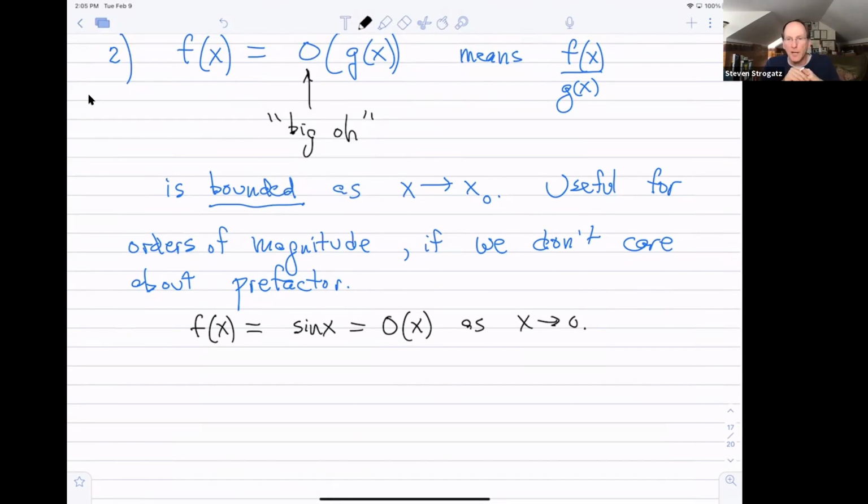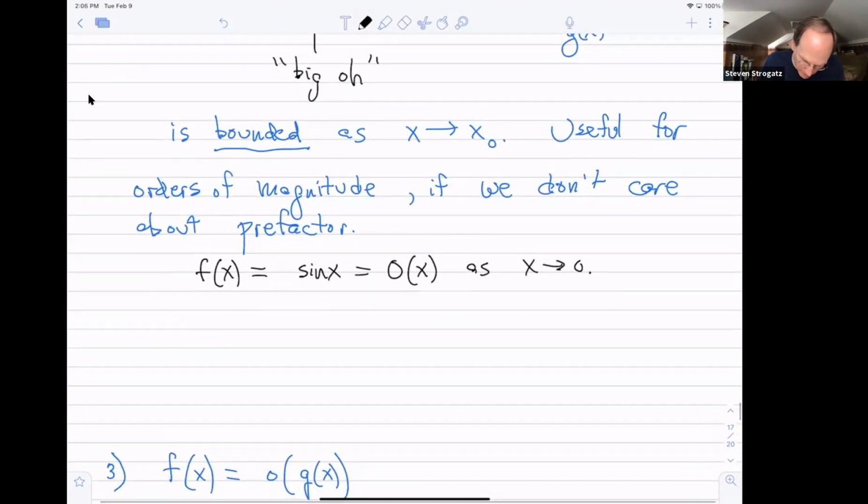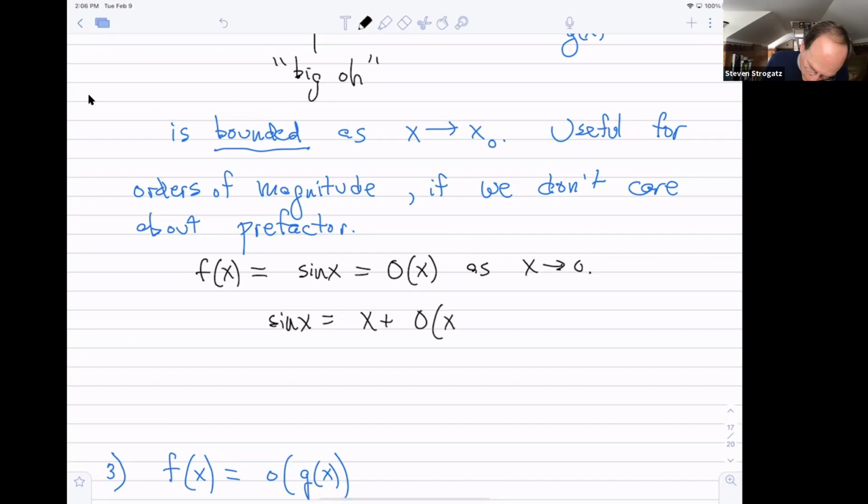I'm not using the asymptotic symbol. I actually write equals. So don't mix the two notations. Don't write tilde big O. They're separate symbols. So you write f of x equals big O of x. Or you could say sine of x is x plus big O of x cubed. That would be correct.